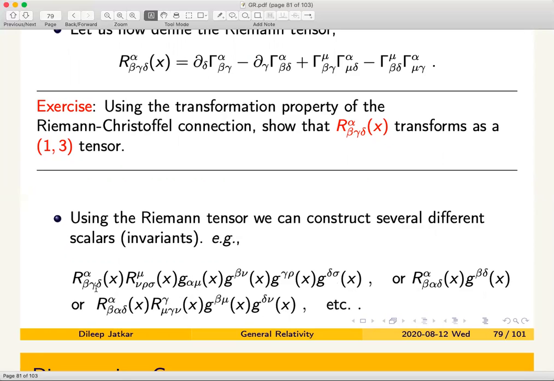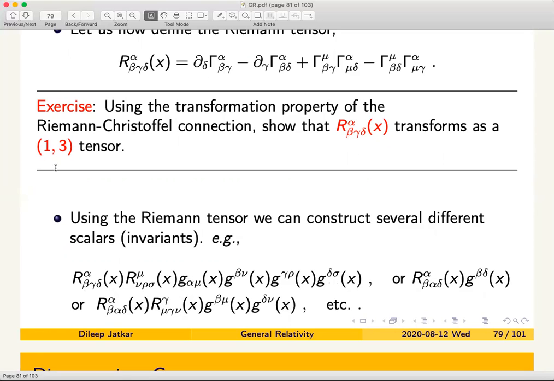Why is it a Lorentz scalar? Because there is no free index here. All indices are summed, and therefore the final quantity would not transform under general coordinate transformation, since every object sitting in this expression is a tensor.